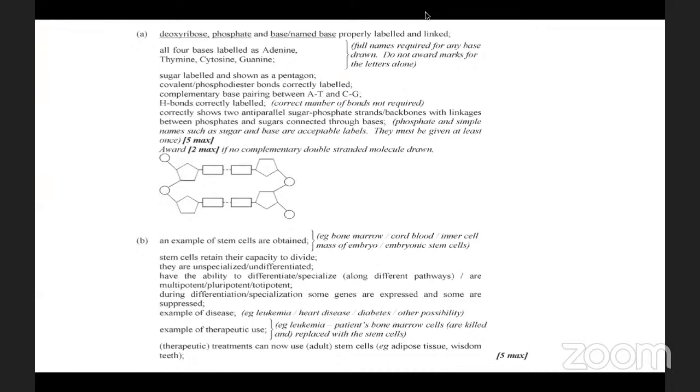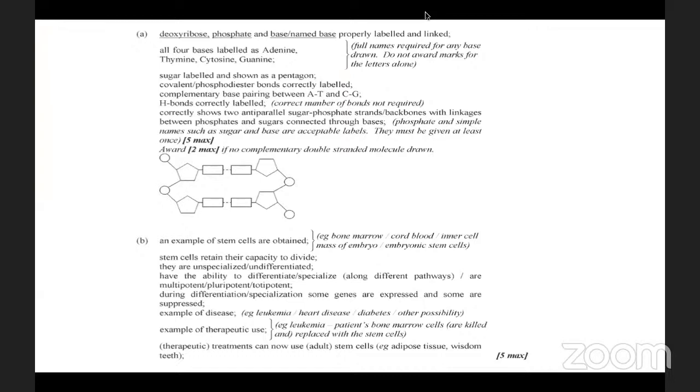So lepas tu next kita explain pula disease yang guna stem cells as therapy. Macam yang kita belajar, leukemia. So example of therapeutic use for leukemia, the patient's bone marrow cells are killed and replaced with the stem cells. So bila kita tulis semua ni, so dapatlah 5 marks.